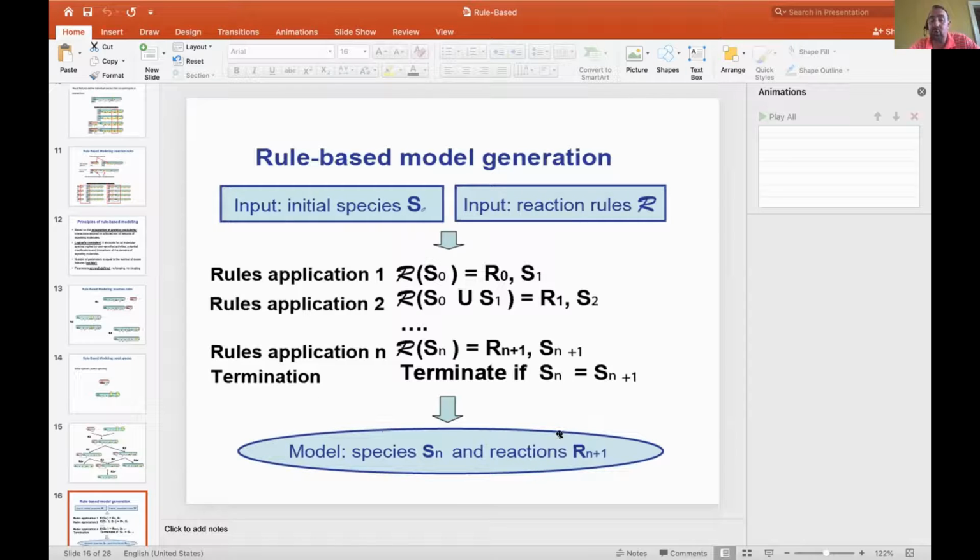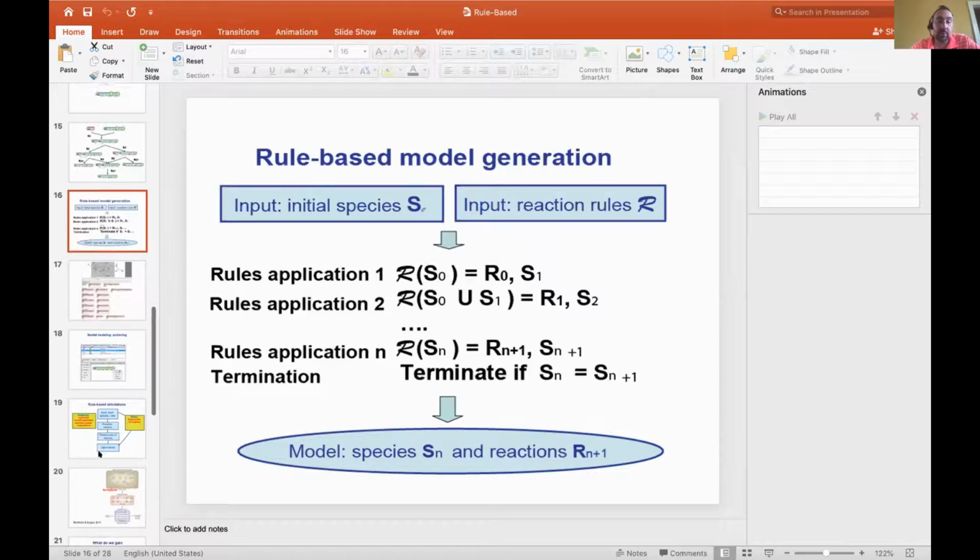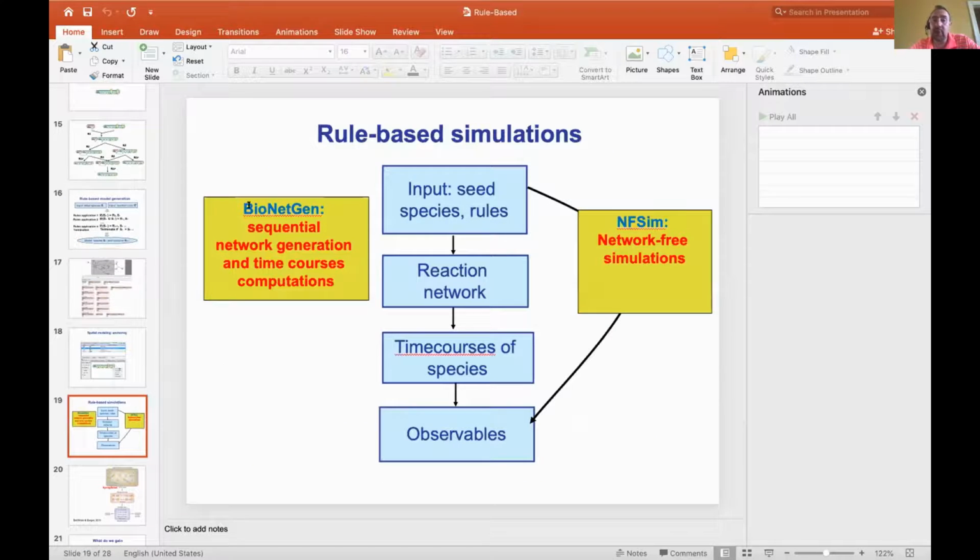At some point, we got the complete reaction network. Those rules can still be applied within this complete reaction network, but nothing new would be generated. So it's useful when your system is finite. It gives you full control of what you're doing. You have these rules and you know that you generate what you need. So this is BioNetGen when you have an input network.